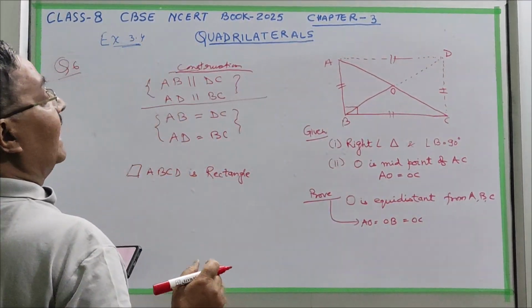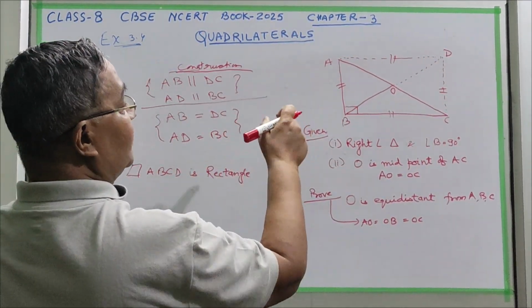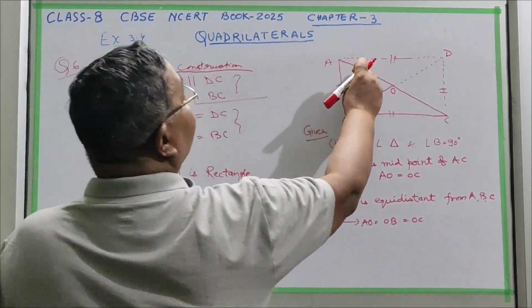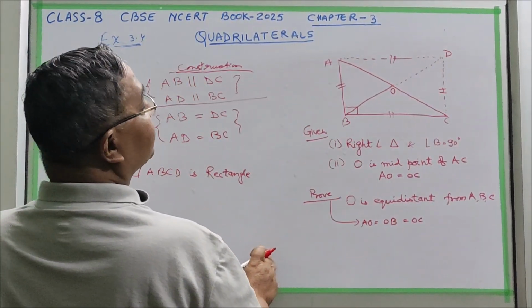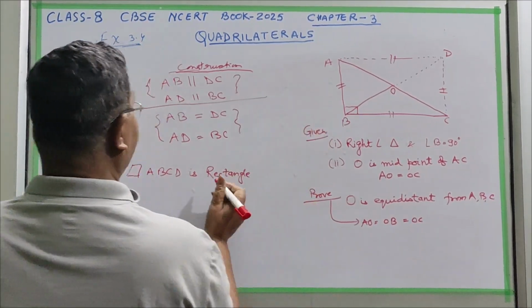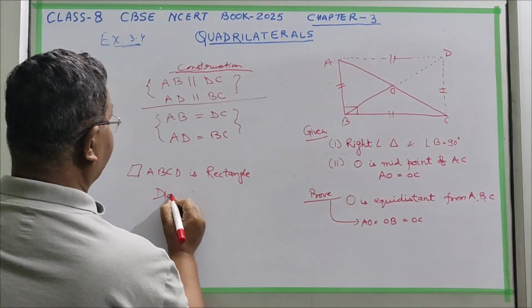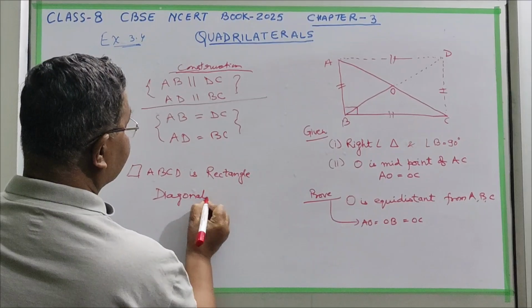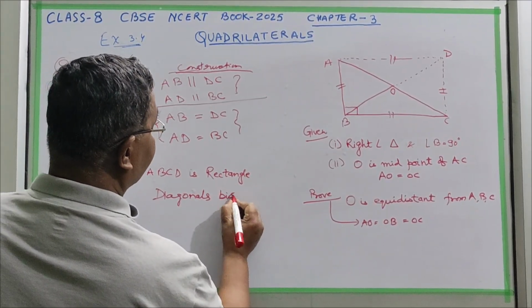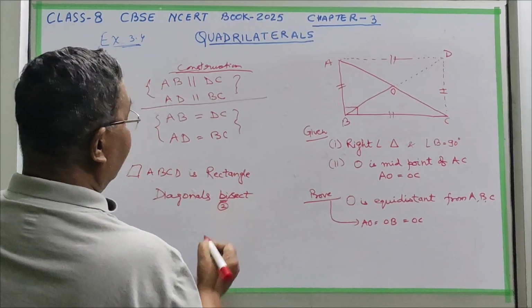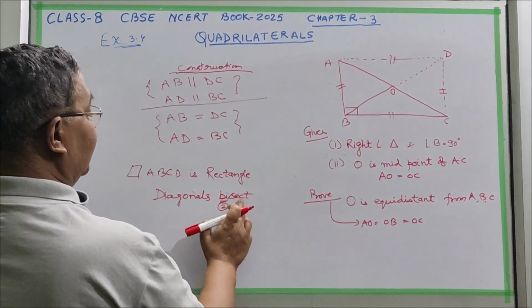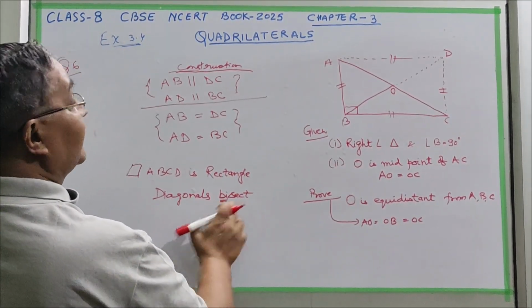So in the rectangle, we have learned before that the diagonals bisect each other. Bisect: bi means two, sect means sector, so it makes two sectors.